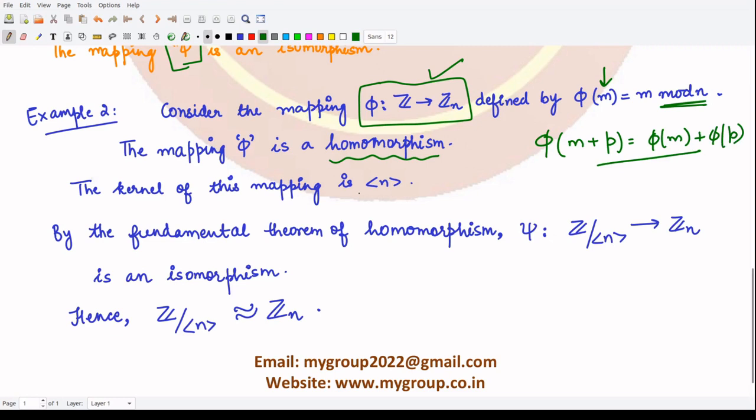The kernel of this mapping is given by this cyclic subgroup, which is generated by small n. Here, what is this n? This is the index of this Zn.